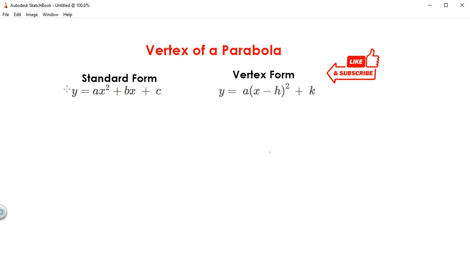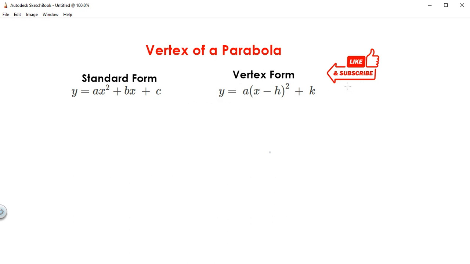For today's video, we're concentrating on the standard form that looks like this: y equals ax squared plus bx plus c, where a, b, and c are numbers, they're constants. The second format is the vertex form. You need to be able to recognize both types of forms.